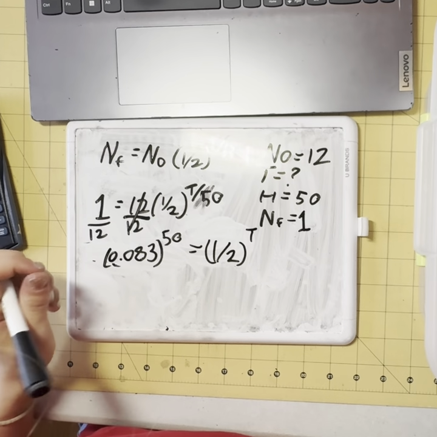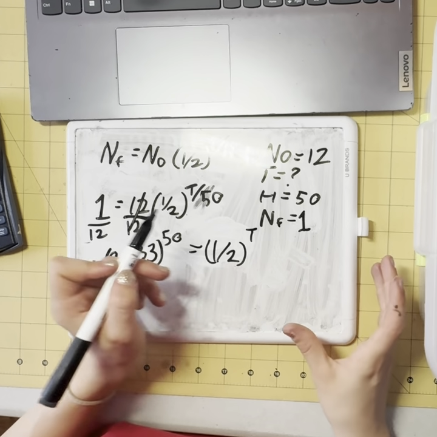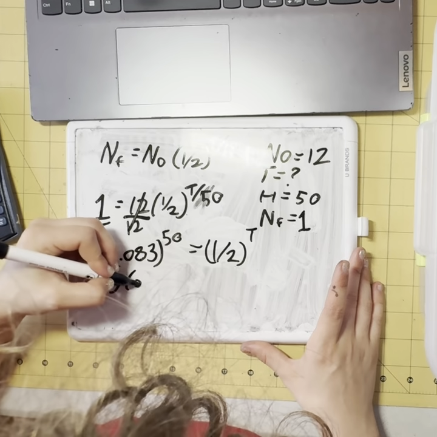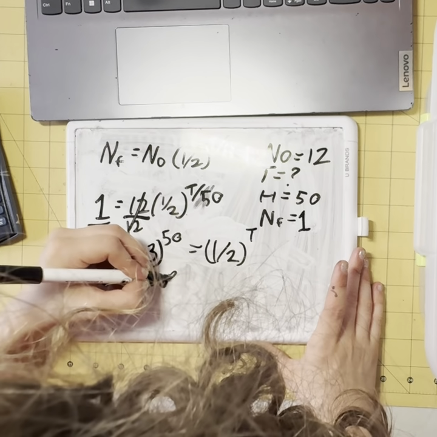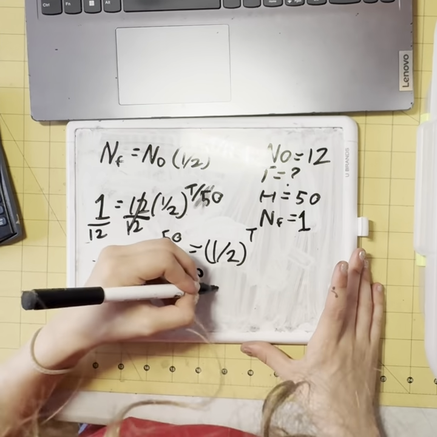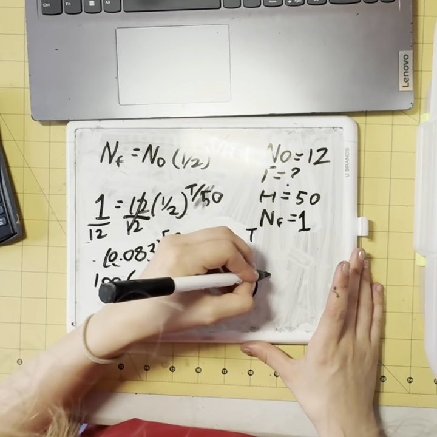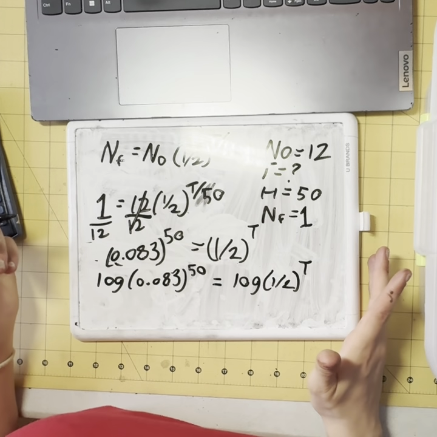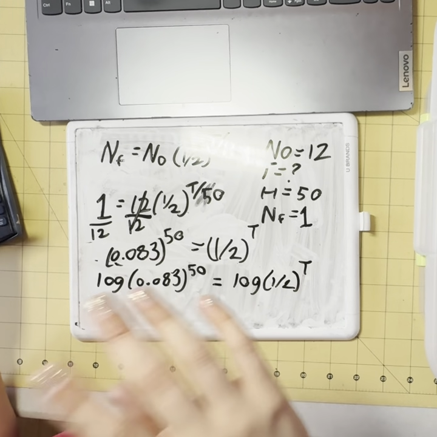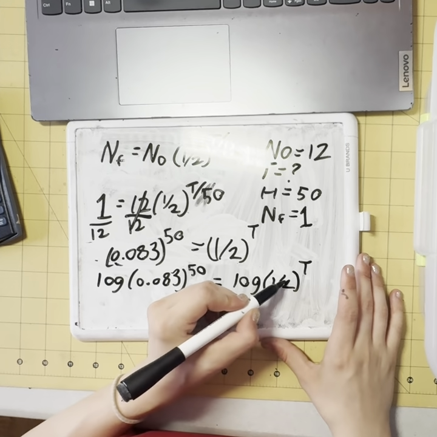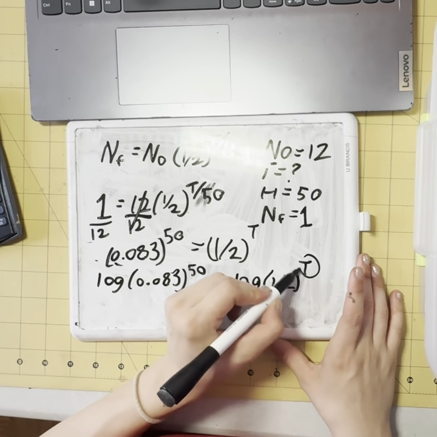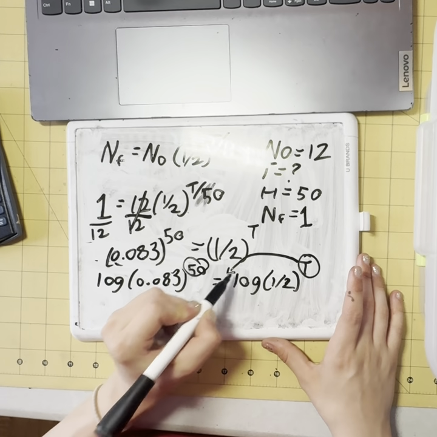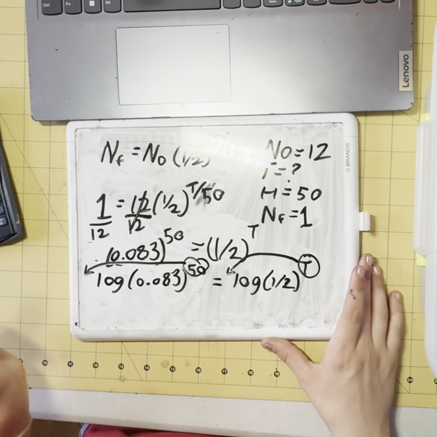Okay, so from here, we want to get t by itself, so we're going to have to write this as a log. So I write this as log 0.083 to the power of 50 is equal to log 1/2 to the power of t. Now, I don't know if you've watched any of the other videos before you watched this, but you should know that there is the power rule when it comes to logs, which means that any exponent can be brought to the front.